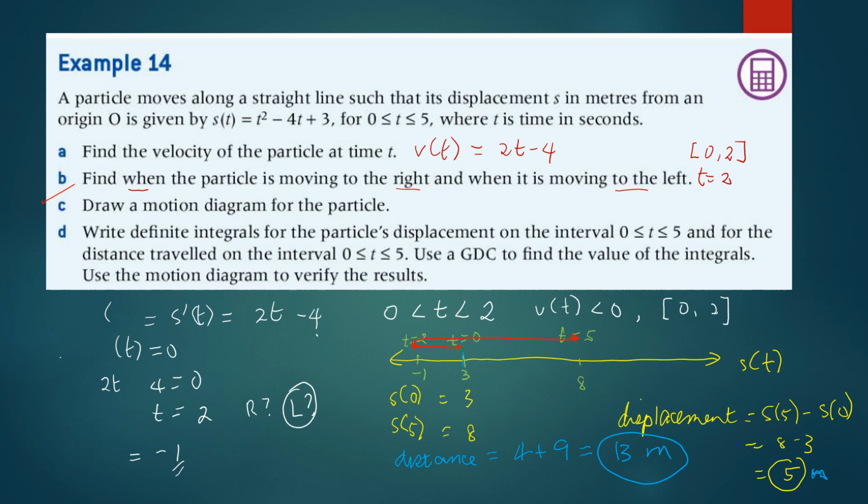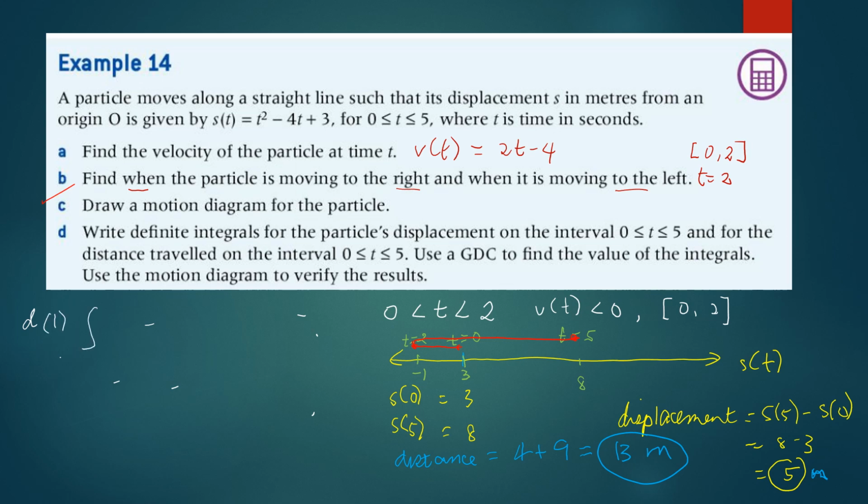For letter D, you will be using integration from calculus. So for displacement, it's the integral of the function from 0 to 5. What is that function? The v of t. What is our v of t again?